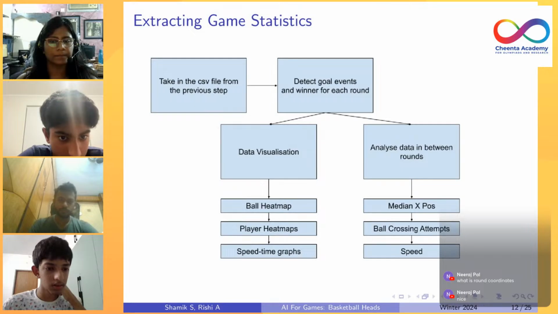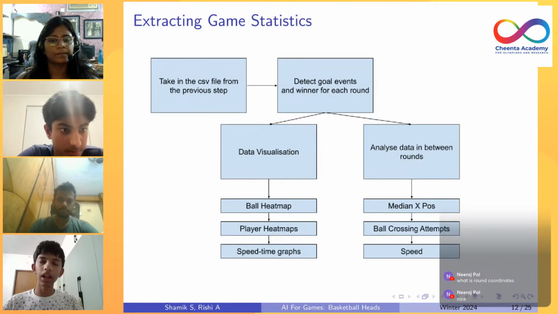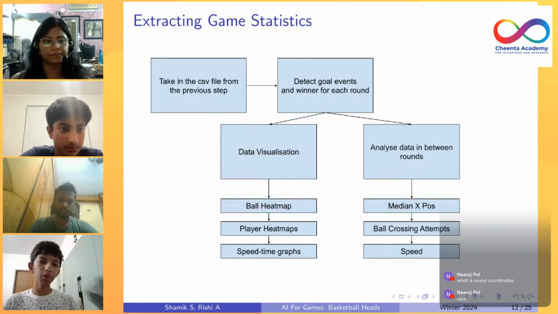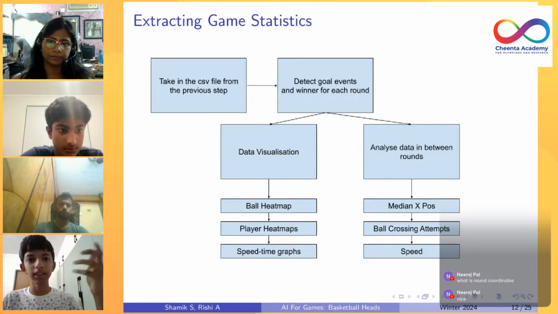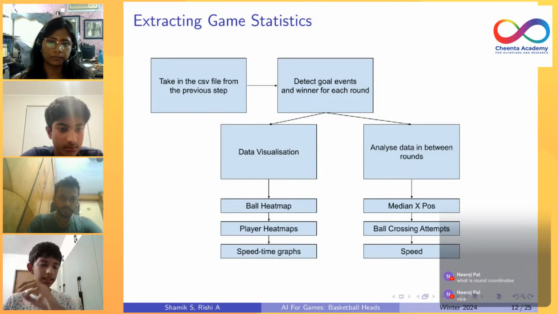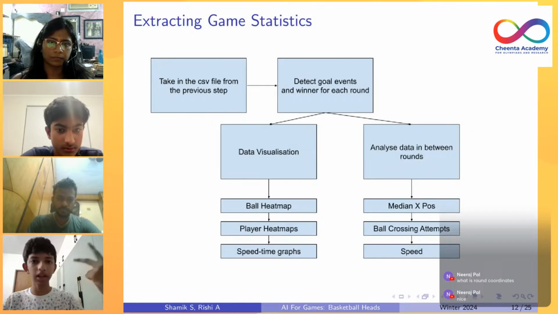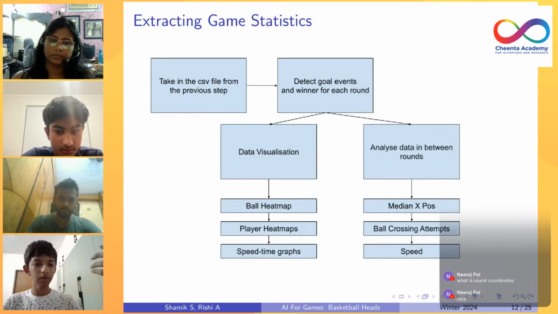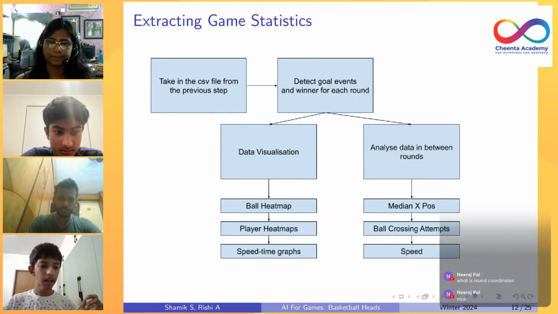Yes, so now we had a program which could take in an input video of the game Basketball Heads and output a CSV file with the coordinates and relative coordinates of the ball, player, and opponent. Now, the next stage of our program would, as you can see in the flowchart, take in the CSV file, and detect the number of goals, the number of rounds, and the winner for each round.